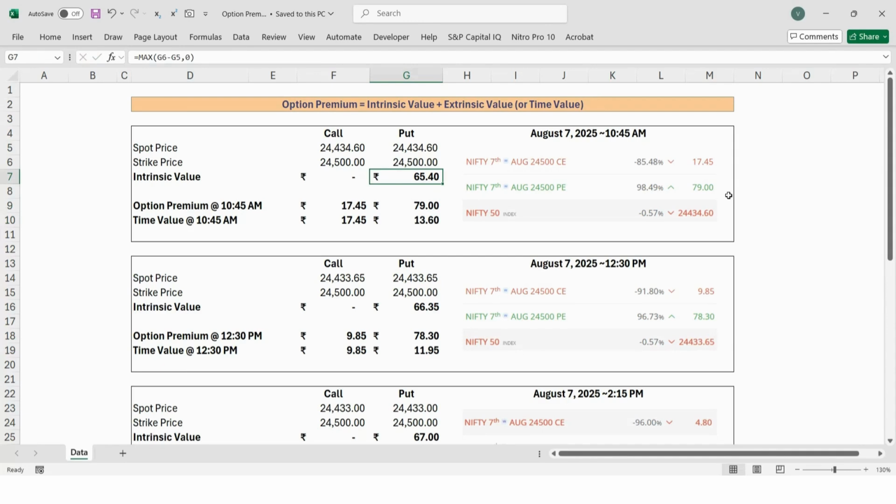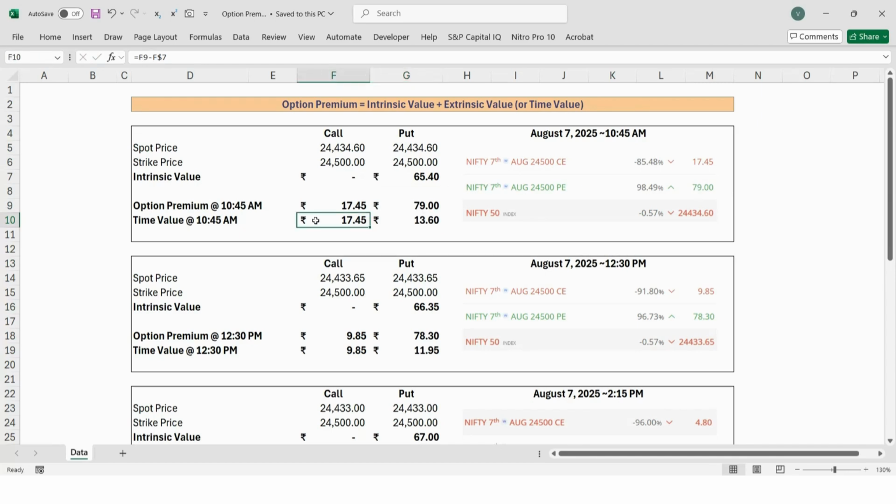So when you deduct that 65 from 79, the remaining value is the value associated with time. This contract is going to expire the same day at 3:30. Till that time, you are still left with a certain number of hours, which is why the option has some time value.